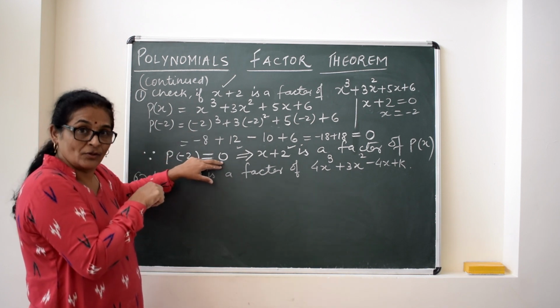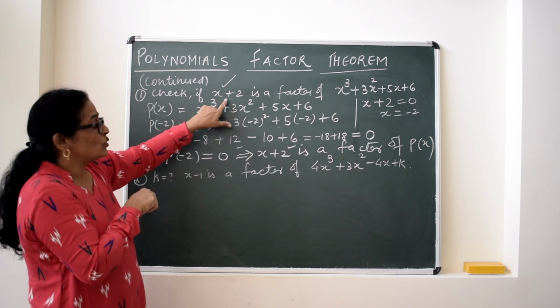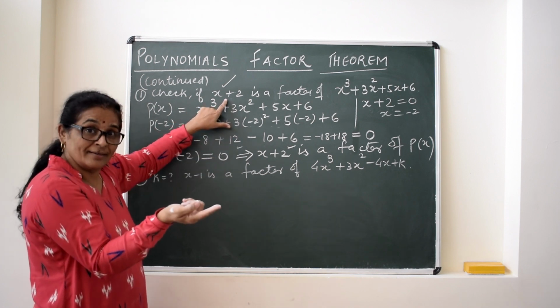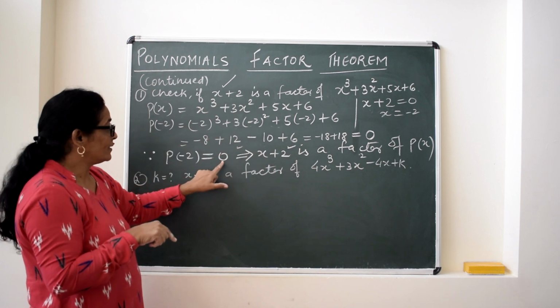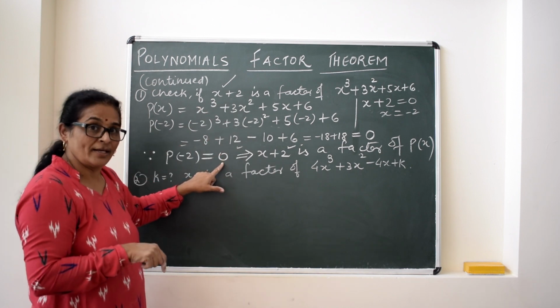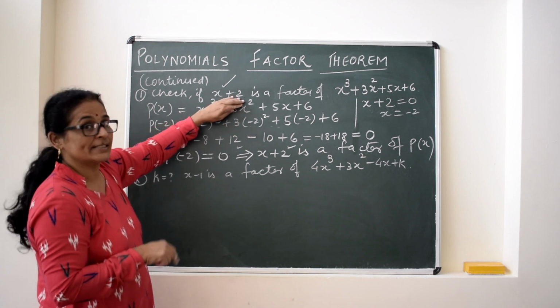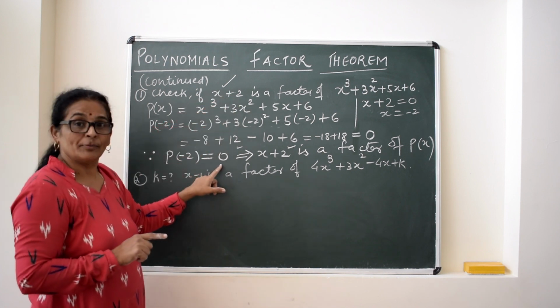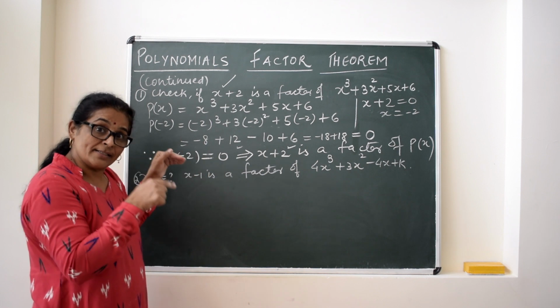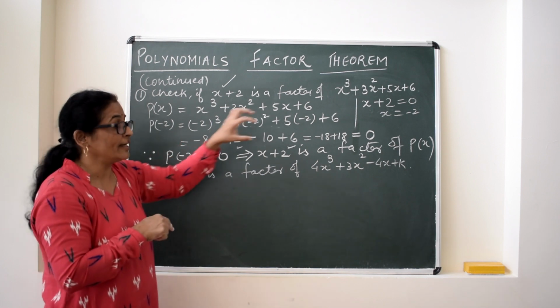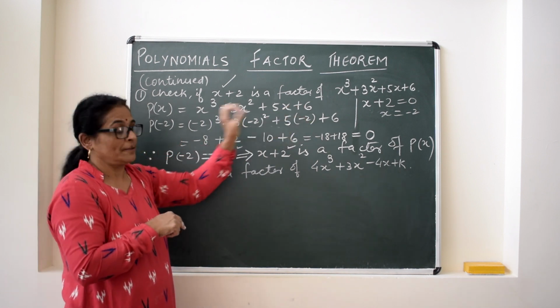Okay, so if x plus 2 is a factor, then definitely the remainder will be 0. So the first part we have done, we have checked, and we will say yes because the remainder is 0. This is the factor theorem, but we are taking help of the remainder directly.